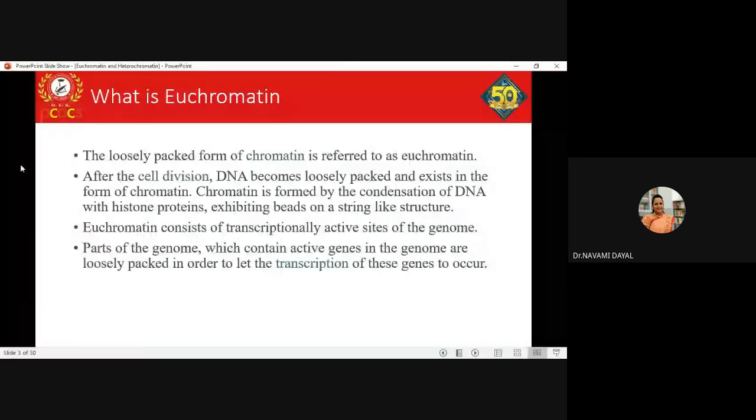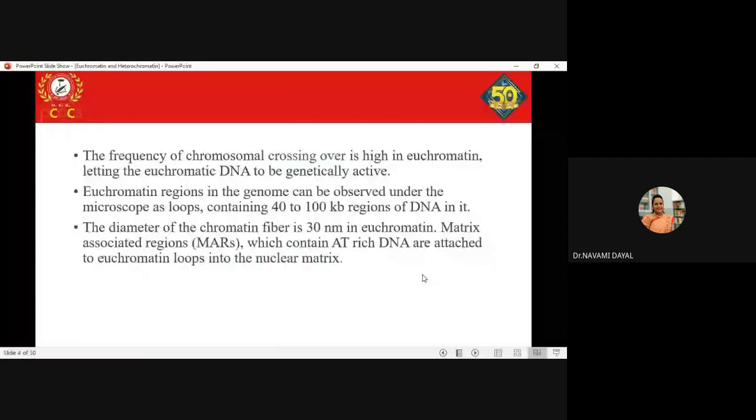Euchromatin consists of transcriptionally active sites on the genome, and the parts of the genome which contain the active genes are loosely packed in order to let the transcription of these genes occur. The frequency of chromosomal crossing over is high in case of euchromatin.